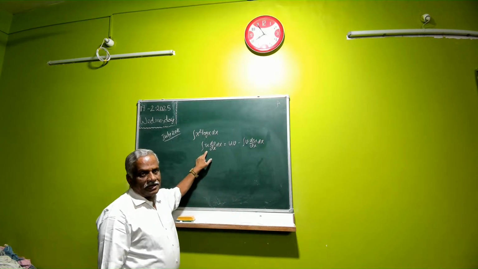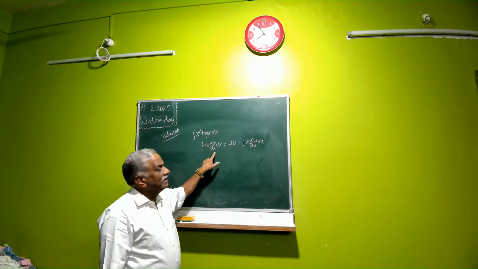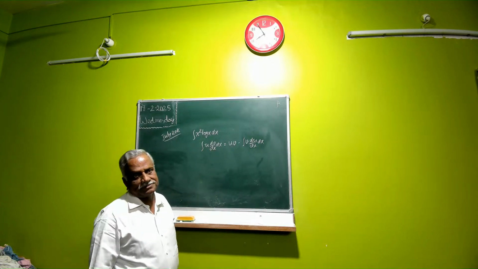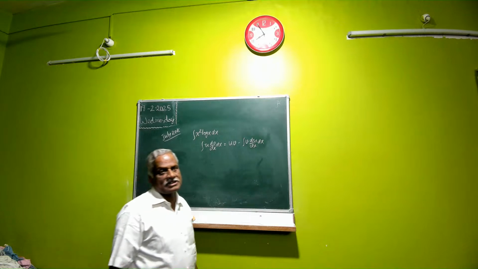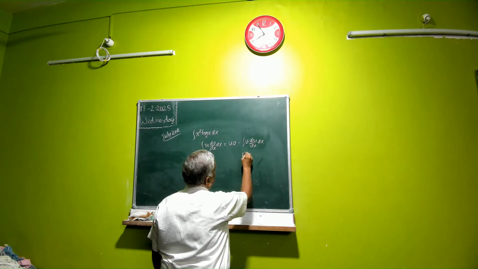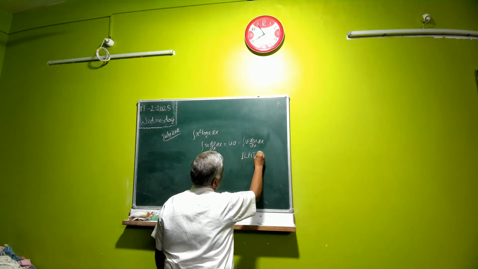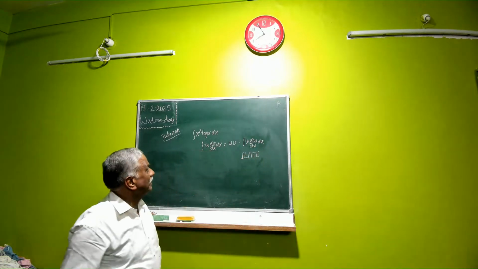Here, I'm just repeating it. U is called the first function, dv by dx is called the second function. The first function and second function are chosen in the order I LATE, or ELATE, whatever you want, you can call it.